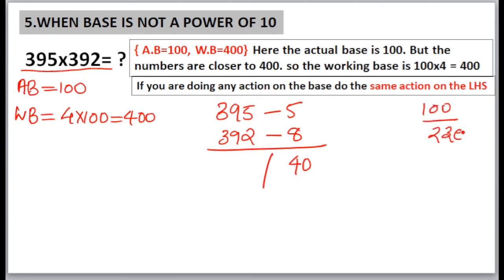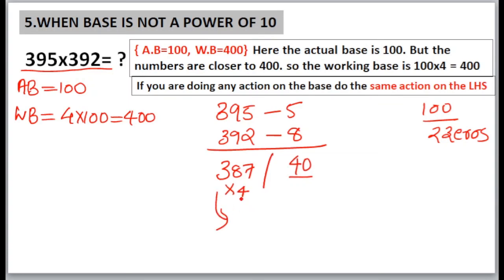So 40 is RHS. Then 395 minus 8 or 392 minus 5, that is 387. 387 is your LHS term, but you have performed an action on the base, that is multiplication action on the base. So you have to perform the same action on the LHS, that is 387 into 4. This is your LHS term.